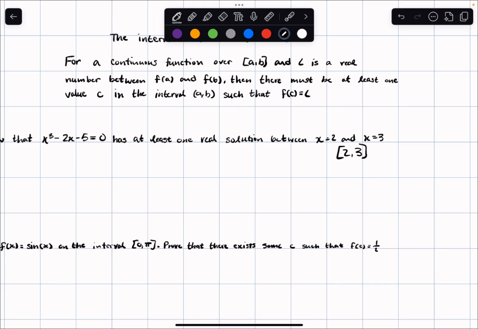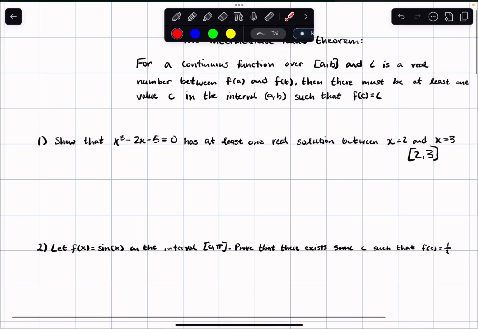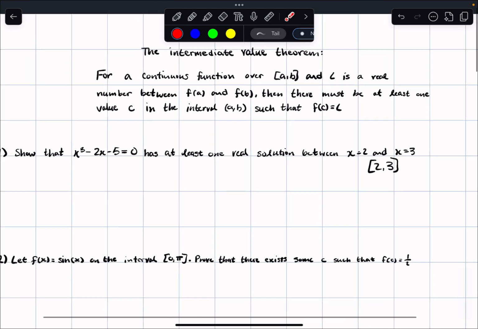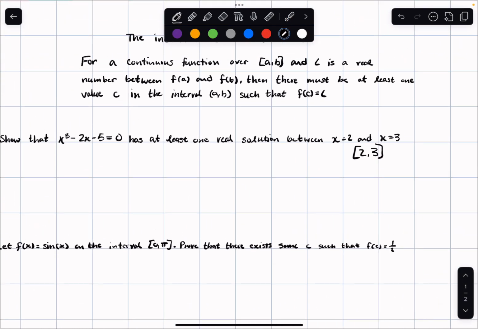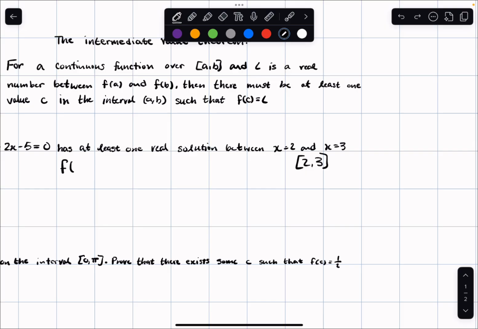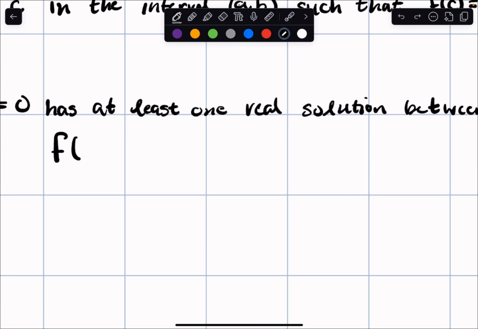And L, what is L? Well, we just want it to be, as the theorem states, between f of a, which we'll call 2, because the 2 corresponds to a up here.